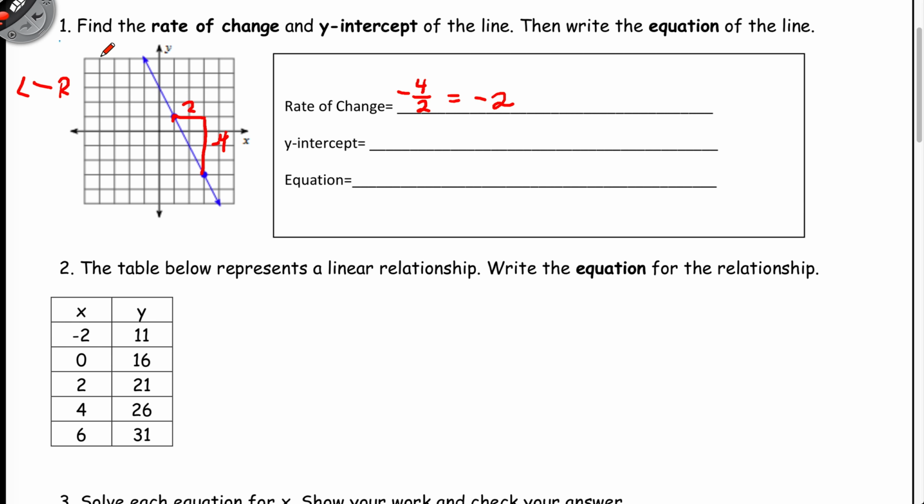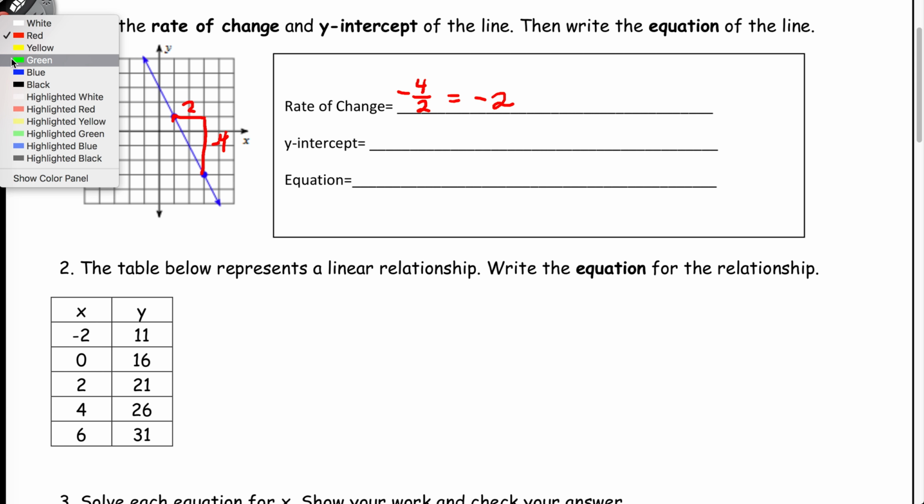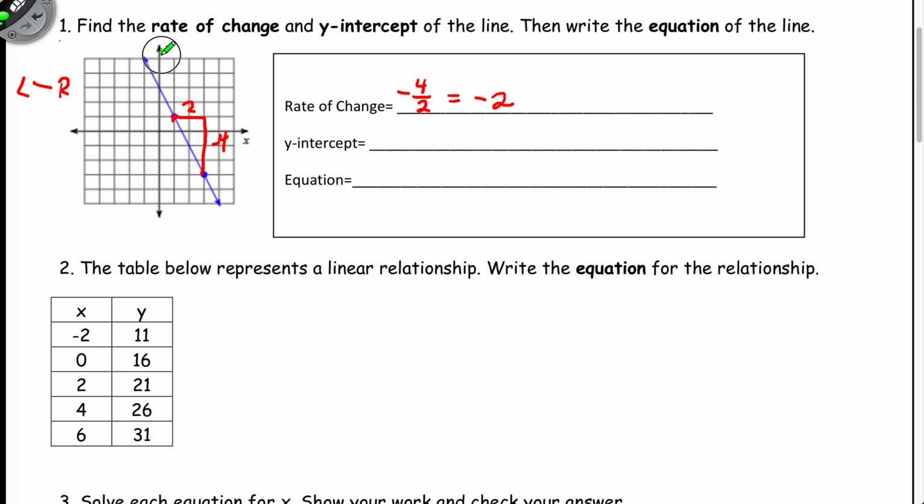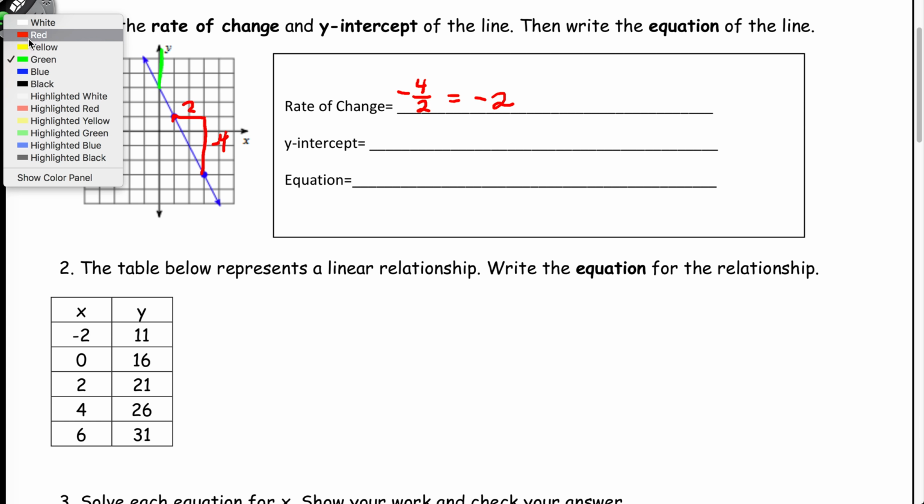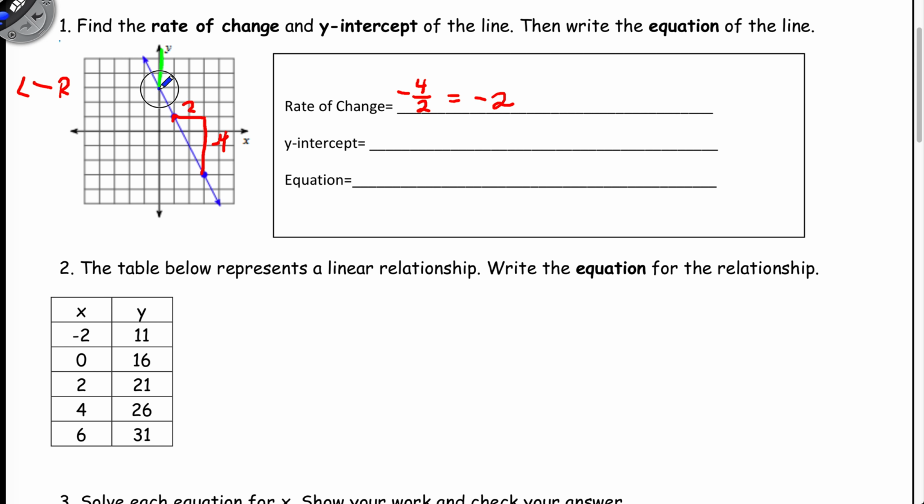For your y-intercept, what you're looking for is where it hits this line right here. So you just go straight down this line until you hit the blue line or whatever line is crossing through it. So it hit right there. What is that point?